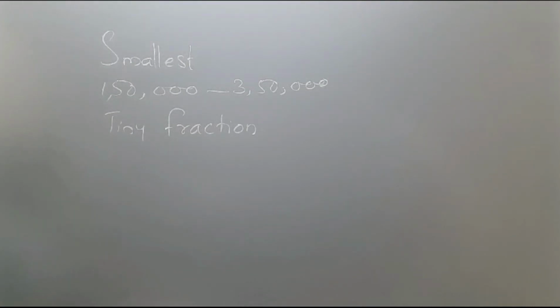Next, the normal platelet count is 1,50,000 to 3,50,000 per microliter of blood. That is the normal platelet count.